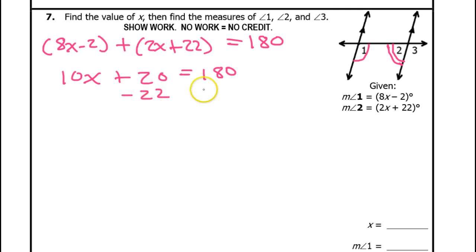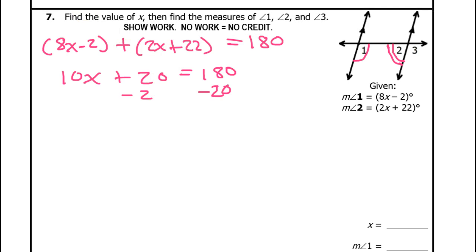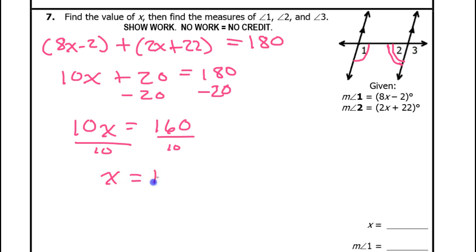If I subtract 20, whoops, that should have been a 0. If I subtract 20 from both sides, I'm going to get 10x is equal to 160. Then if I divide both sides by 10, I'm going to get x equals 16. So now I have x equals 16.